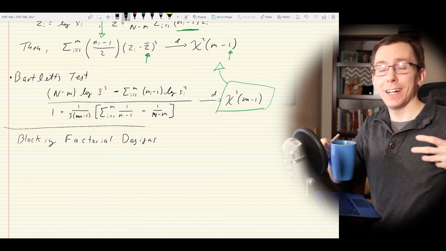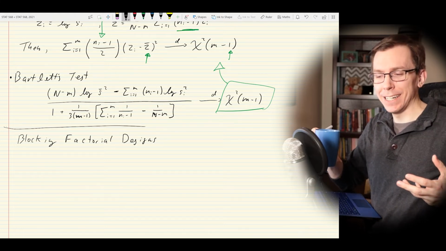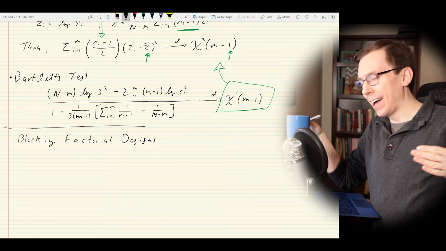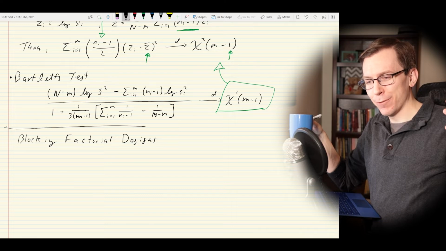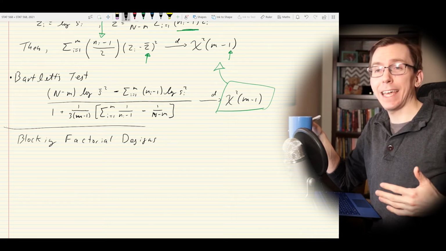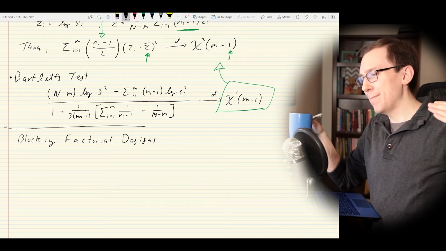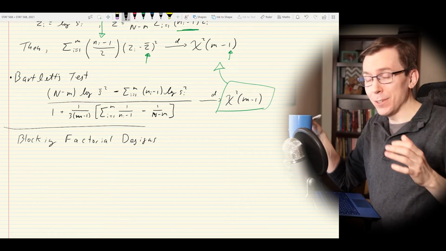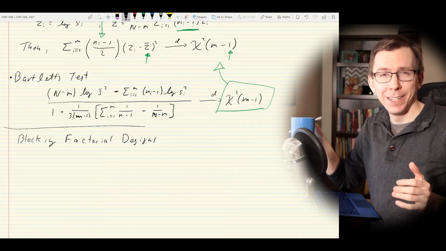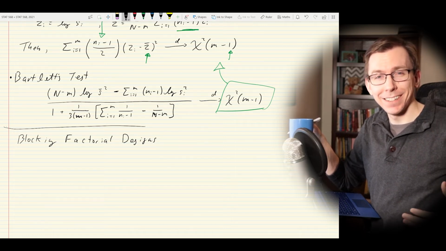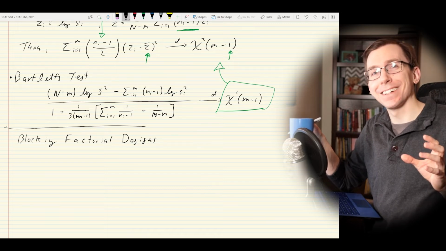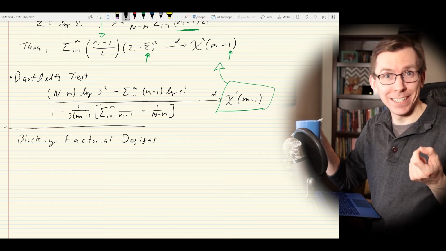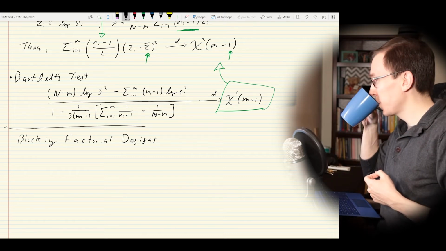The reason I say that is because if we have an unreplicated factorial design, we now have 2 to the k different observations. We have 2 to the k minus 1 different main and interaction effects that we will be testing. And we've used up every degree of freedom we have. So where do we put the block factor? We put the block factor on top of one of the other treatment factors, and this confounds it. So that's what we're going to look at.